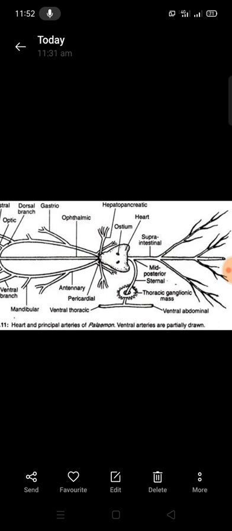From each ventral sinus, blood is carried to the gill of that side by means of six different afferent branchial channels. The blood is purified in the gills, that is, it is oxygenated.